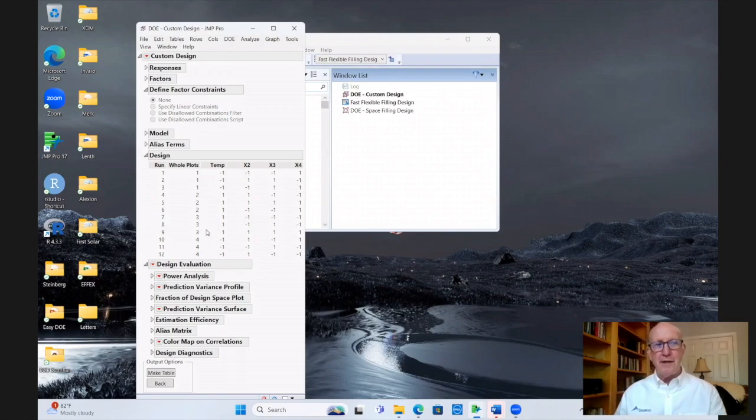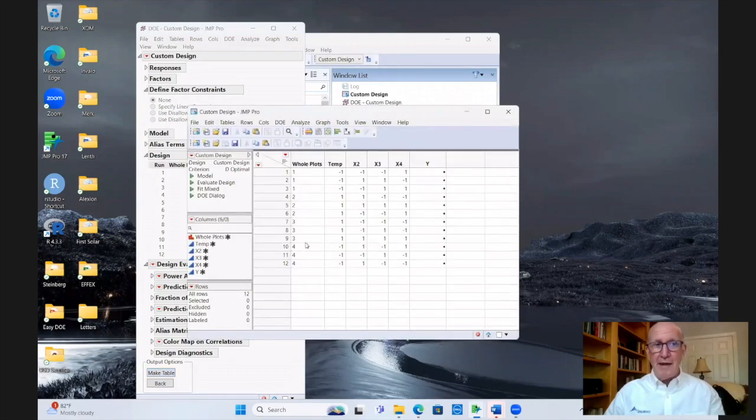One thing you could do is force whole plot 4 to go after whole plot 2, so that you're going minus to plus to minus to plus. The idea of just keeping this one constant for 6 runs is not a terrible idea.